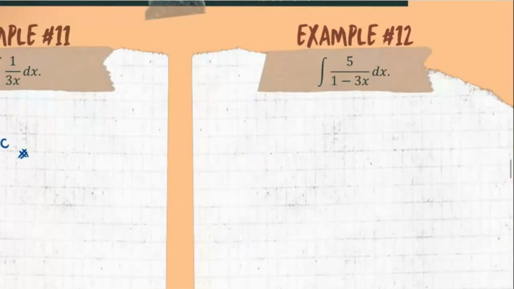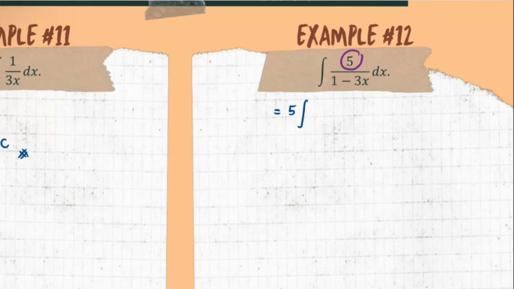Okay, ini kita factorize yang atas ini sahaja, 5. So 5 integrate 1 over 1 minus 3x dx. So what will be the answer? 5 salin 1 over something dapatlah ln of modulus 1 minus 3x, tetapi perlu bahagi dengan differentiate negative 3x dapatlah negative 3 plus c.